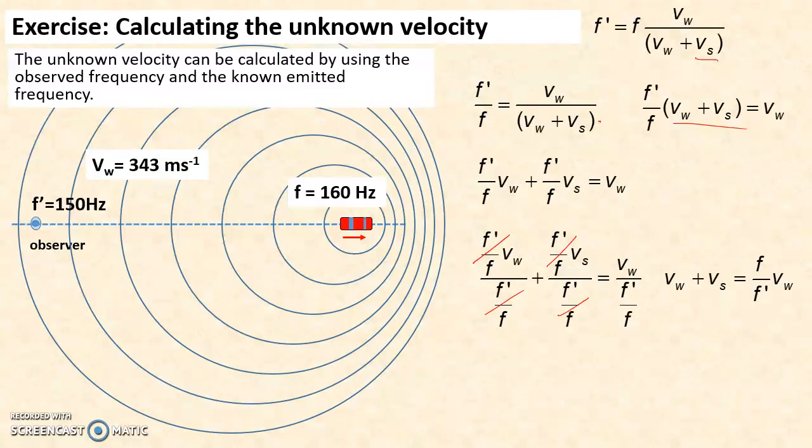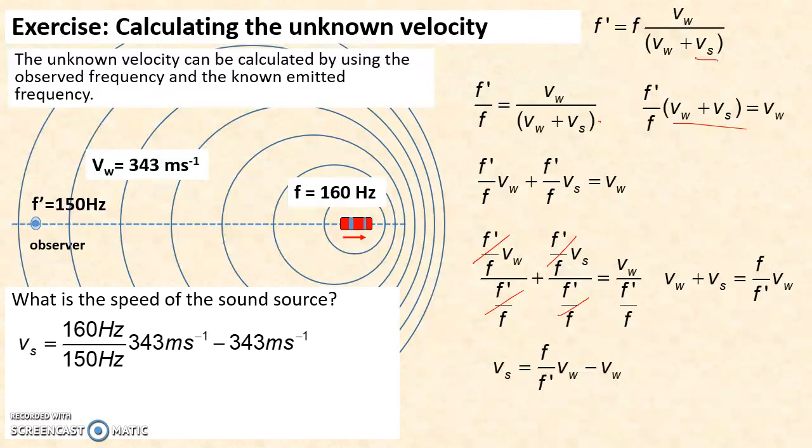So we get this. And now all we need to do is move the VW to the other side, and boom, that's our rearranged equation. Substitute in the values, and we work out the speed of the sound source, 29 meters per second.